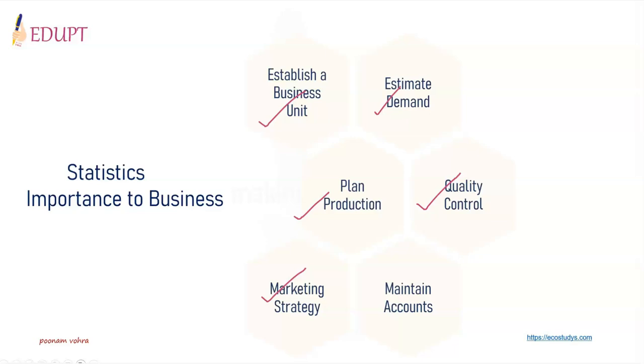Last but not the least, every business firm needs to maintain proper accounts for its revenue and expenditure. One also needs to estimate average production per unit of labor, average cost incurred, average rate of return on investment, and so on.